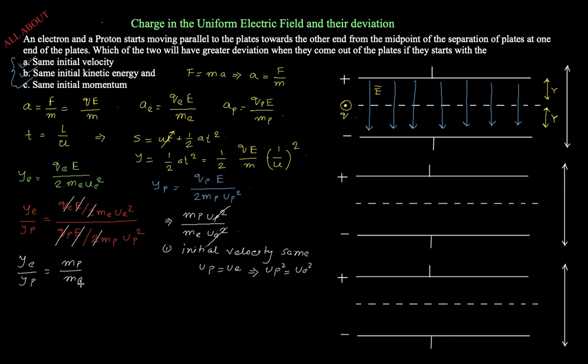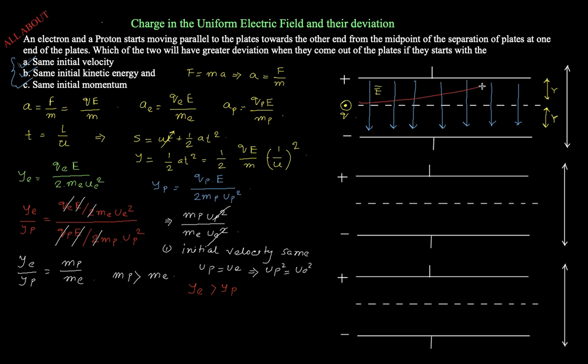That means they are inversely proportional. As the mass of proton is greater than the mass of electron, we can say that the conclusion is Y of electron is greater than Y of proton. That means if red color is the electron, then the electron deviates towards the positive plate.